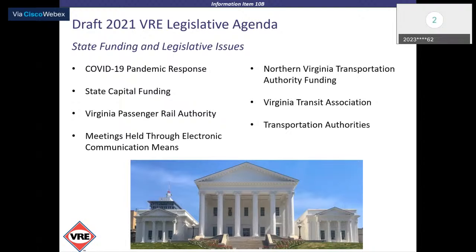I know in the special session right now, there is language moving forward that will allow the CTB to have a lot of flexibility moving money around to make sure that they can do what they can with the extremely low amounts of revenue that we've been seeing over the last couple of months.